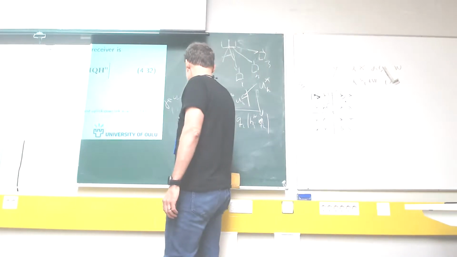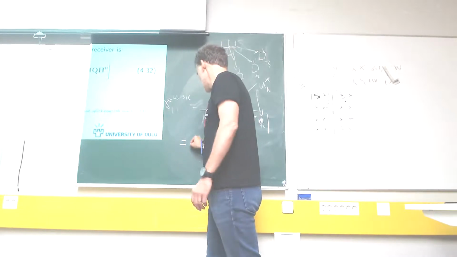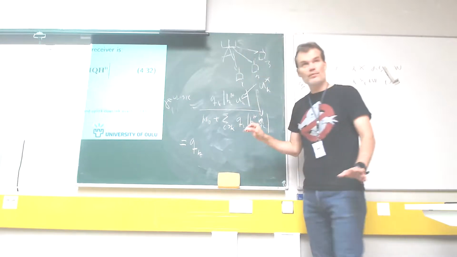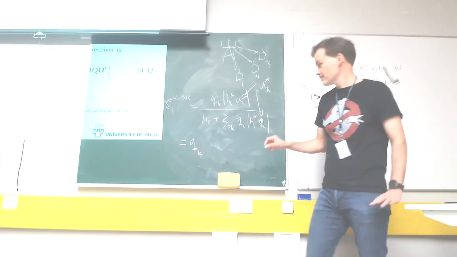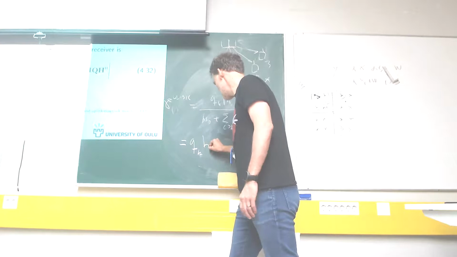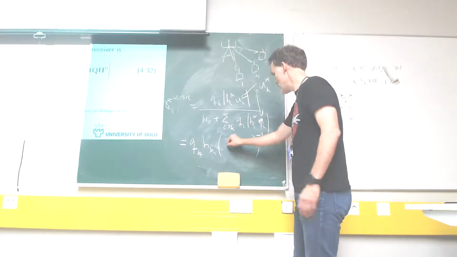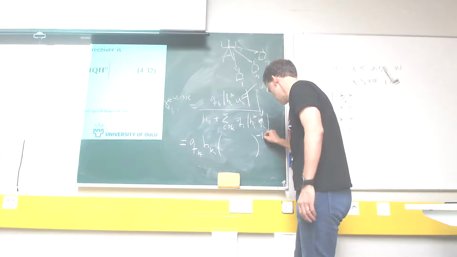what do you get? You get a SINR expression that depends on the U. What would be the SINR expression? That would be H_K. What do we have here in the interference?